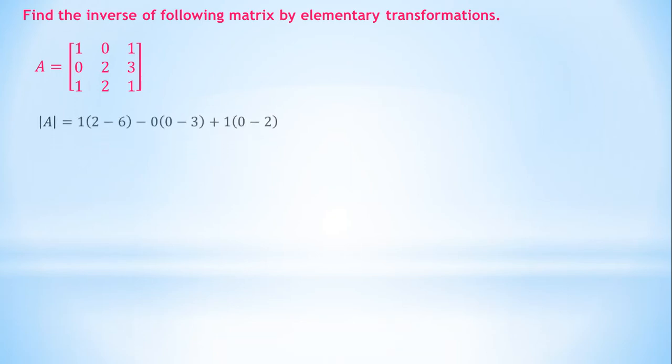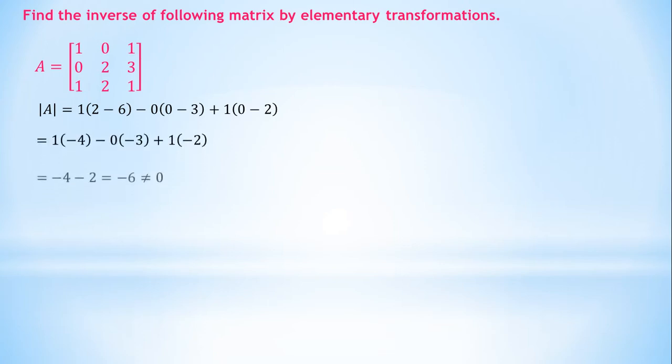So first of all we have to check the determinant. Same calculation, see this, it is -6, so the matrix is invertible. Okay, so first of all we check whether it is invertible or not.